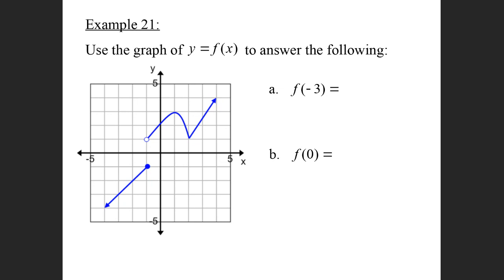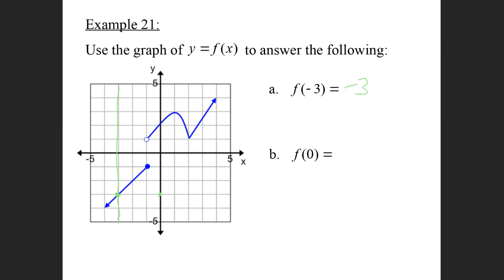Minus 3, yes. Why? Where is x equals minus 3? This is the line x equals minus 3, right? It intersects the curve at y equals minus 3. So this is minus 3.